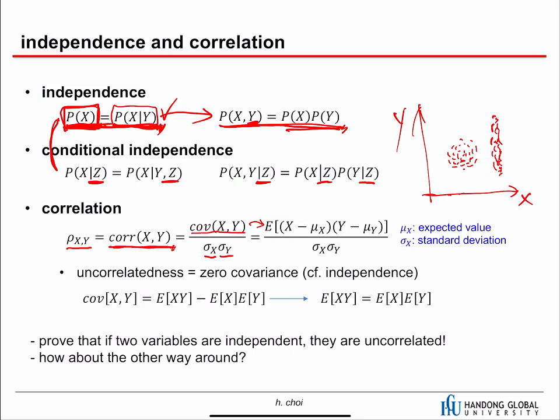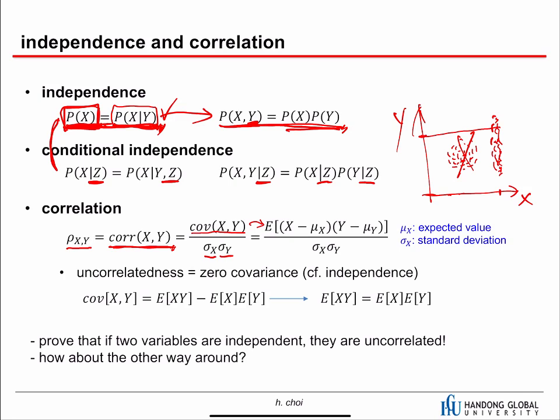When we know something about x, let's say x is this, then we have no idea about y. So x doesn't tell us anything about y. If we know the value of y, let's say y is here, it doesn't say anything about x, so they are uncorrelated.